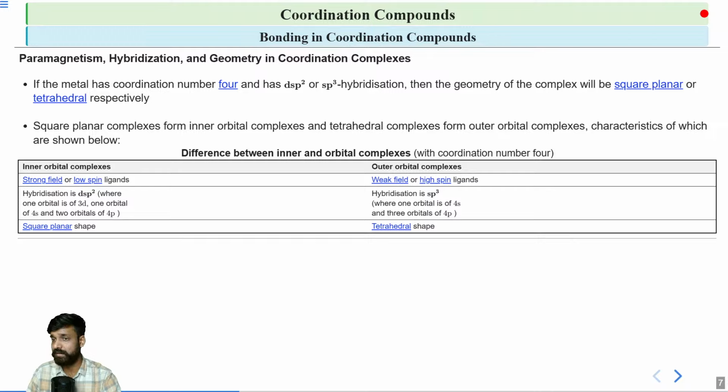So did you get my point? So remember this trick, okay? This is a kind of trick to know whether a given complex is square planar or not. You will always look at the number of electrons in your d orbital, and if it is 8, then and only then it will form what? Square planar complex. Any doubt in this?